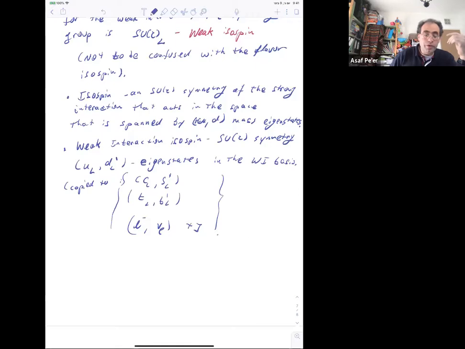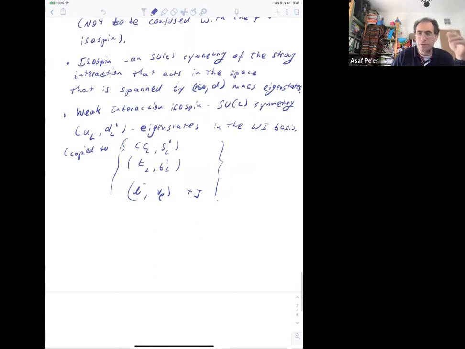Now, similar to what we did with the spin and with the strong interaction isospin, we denote the main quantum number by I, and the component along the axis, which is arbitrarily chosen, by I3.